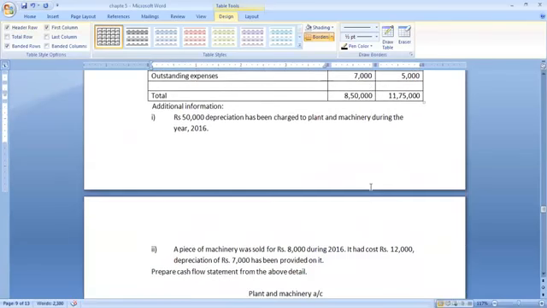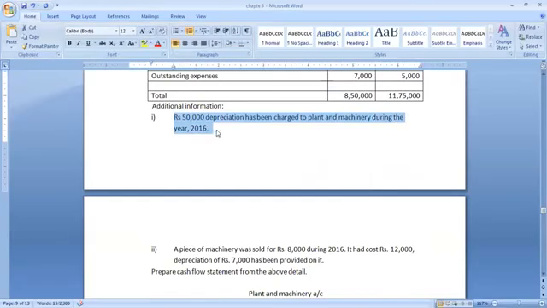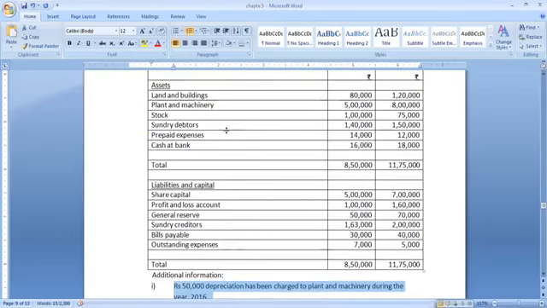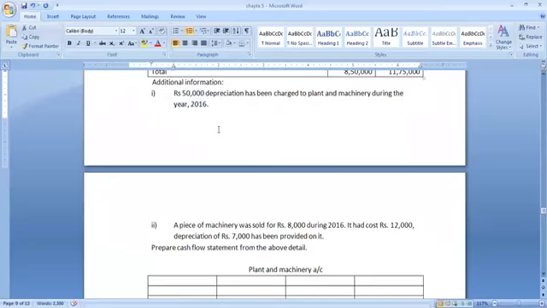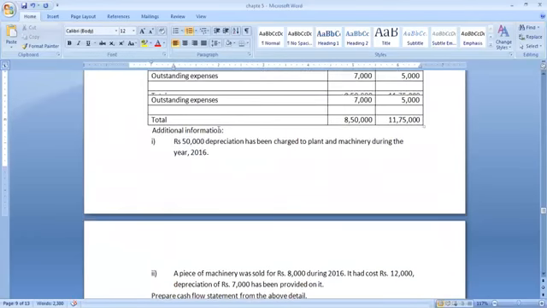Now for certain additional information, very important: rupees 50,000 depreciation has been charged to plant and machinery during the year 2016. Depreciation is being charged for the year. So where do you take the depreciation?